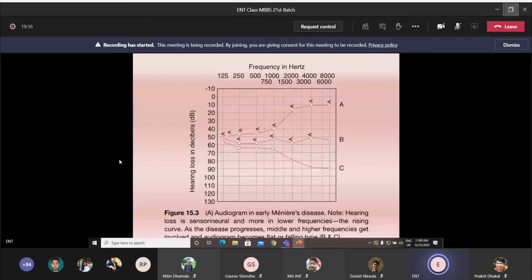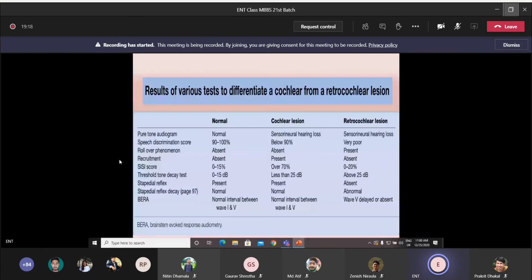It shows the difference between the cochlear lesion and the retrocochlear lesion. Retrocochlear lesion is acoustic neuroma, and cochlear is Meniere's. So you have to know this table. Please go and read this, and this can be explained in detail by the audiologist later.